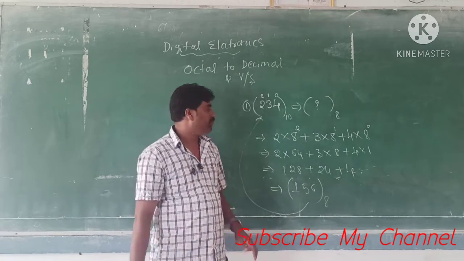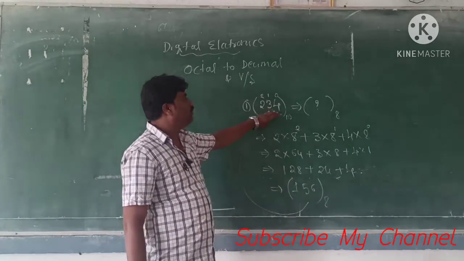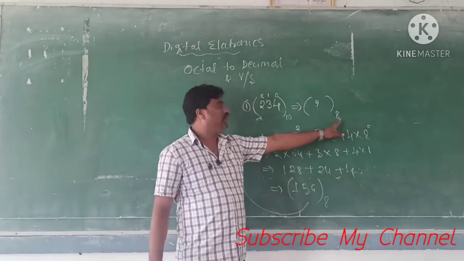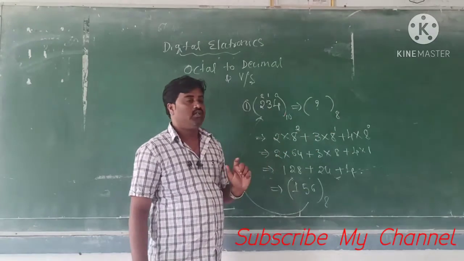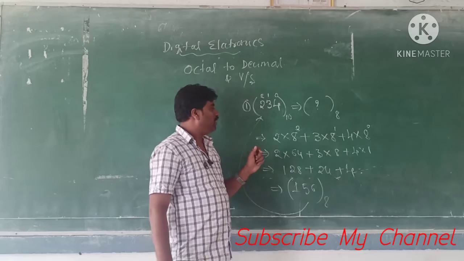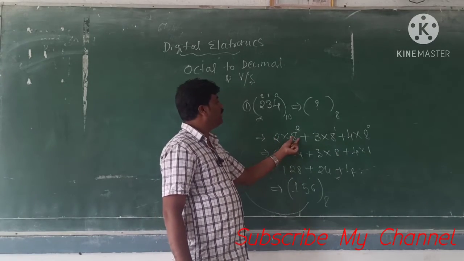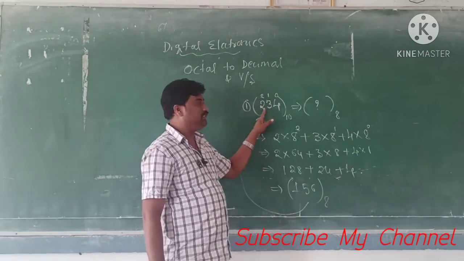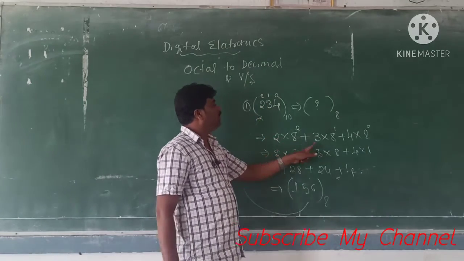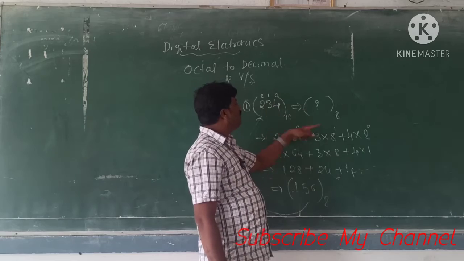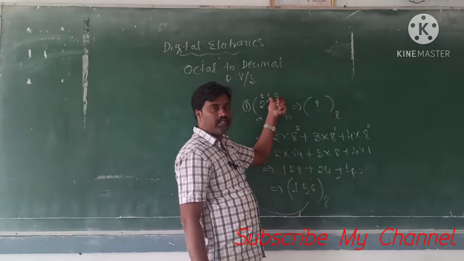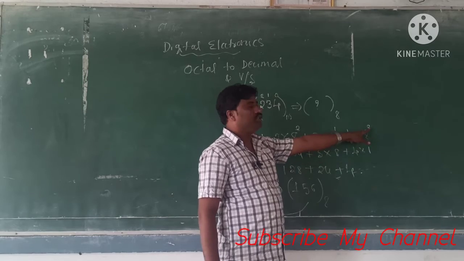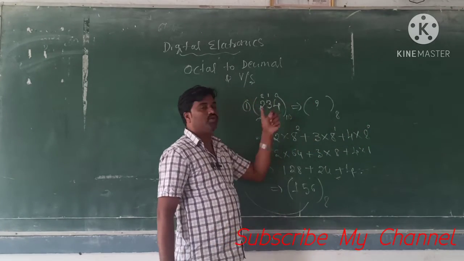We'll see again. So 234 is the decimal value. Now 2 into 8 raised to 2, where 2 is the position value of this digit. And 3 into 8 raised to 1, where 1 is the position value of 3, and 4 into 8 raised to 0, where 0 is the position value of 4.